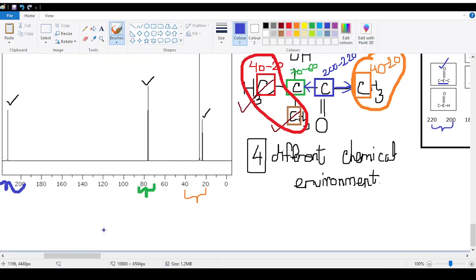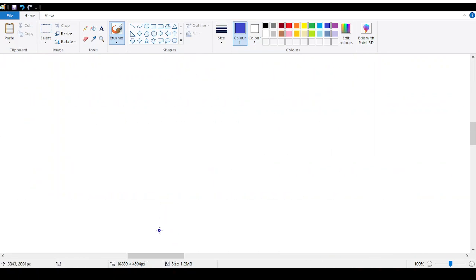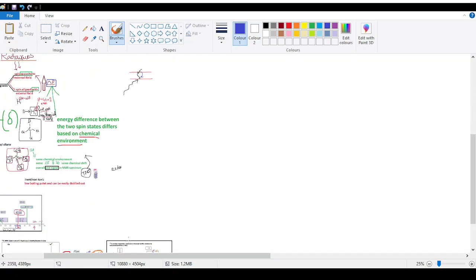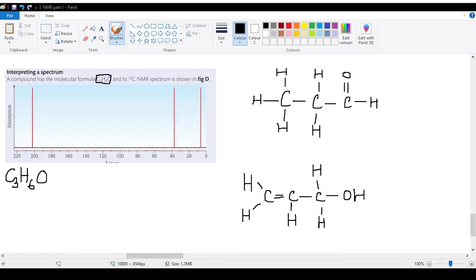We'll look at some mathematical examples later. All right, just a moment. Okay, so as I was saying, this question is about this graph here that is given to us. This is an NMR spectrum.